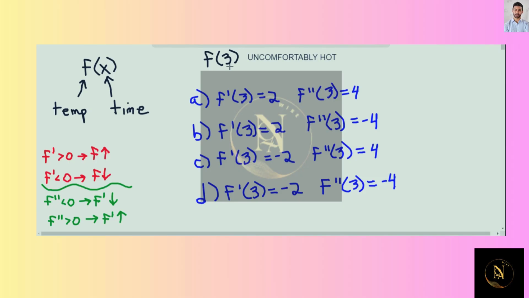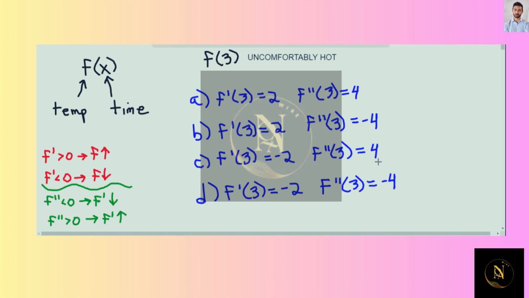So even though at F of 3 you're uncomfortably hot, because F prime is negative, your function is starting to decrease, meaning the temperature is going to start coming down. So you might be uncomfortably hot at F of 3, but with F prime being negative, the temperature is coming down because F is decreasing when its first derivative is negative. So if F is decreasing, the temperature's coming down, you're going to feel better.